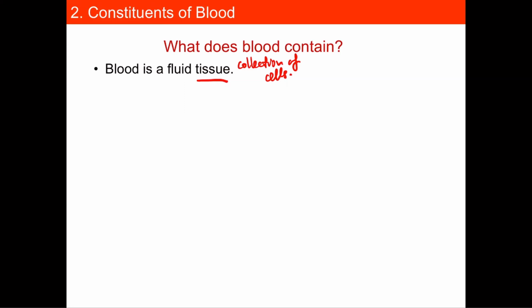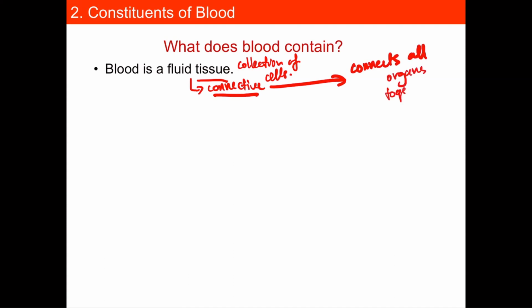But not only is it a fluid tissue, it's also considered a fluid connective tissue. Now, why is it connective? Because it connects, if you think about it, all organs together. What we mean by connects all organs together is that blood is being pumped by your heart to all parts of your body.